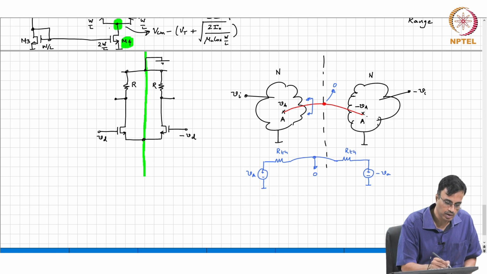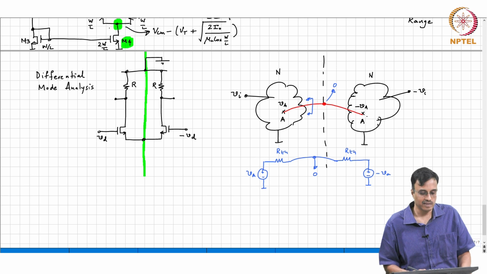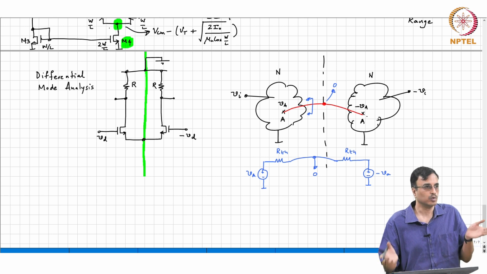So, now let us see. This is what I will call the differential mode analysis. To do that, we recognize that there is an axis of symmetry, the two sides are being excited by equal and opposite voltages.